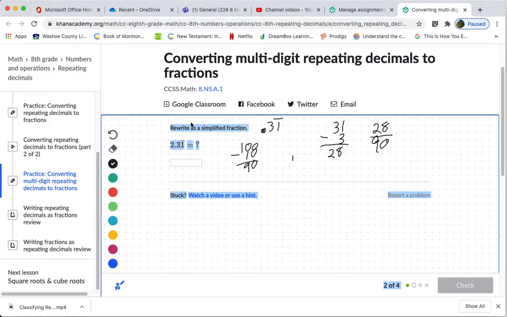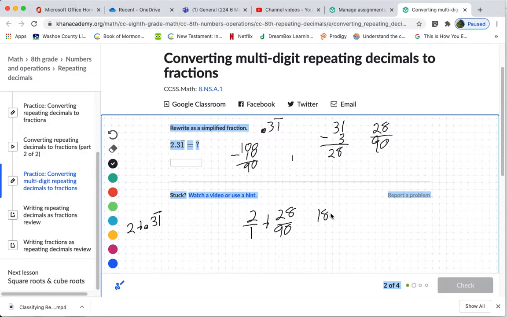And then we need to add that 2 back in. So we have 2 over 1, which is the same thing as 2, plus 28 over 90. And we can do this because 2.31 is the same thing as 2 plus 0.31 repeating. Okay, but we need a common denominator, so we're going to do 90 times 2.